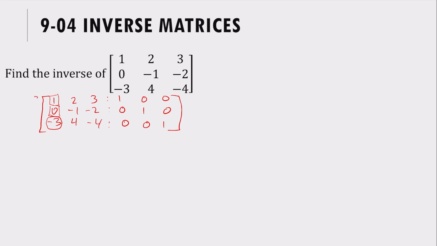So I can multiply the top row by 3 and add it to the bottom. Top row will stay the same. Second row will stay the same.